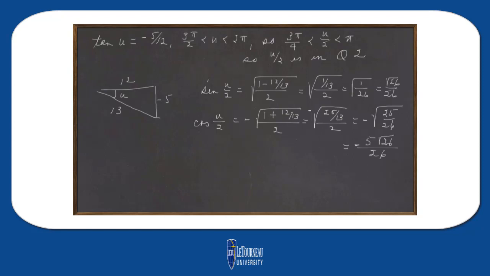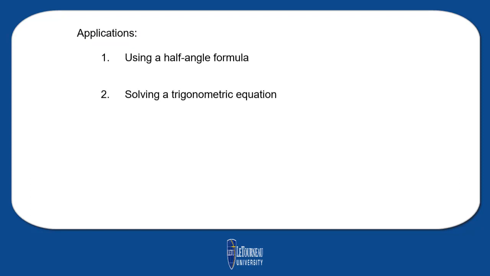When we go to do the tangent, the tangent, because of the multiplication and division, pretty much takes care of itself. So we don't have to worry about it having the correct sign.